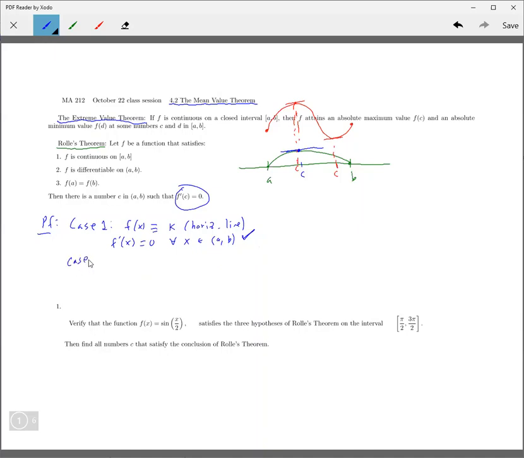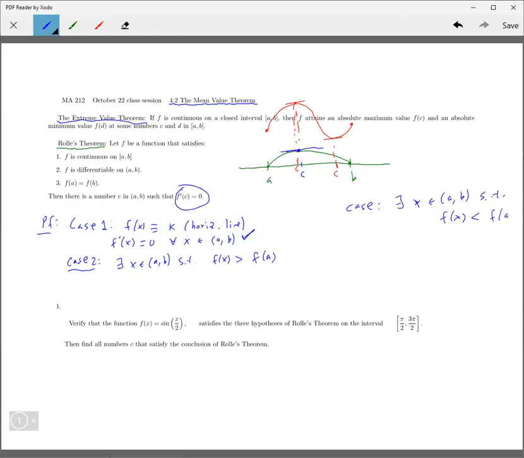Case 2 would be, if this is not true, then there exists an x in the interval such that f of x is greater than f of a, or there exists an x such that f of x is less than f of a.